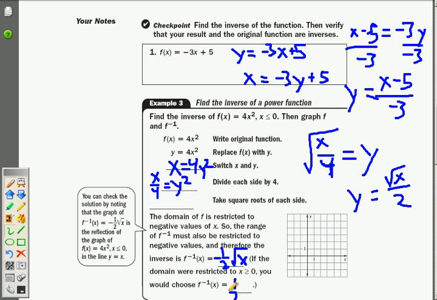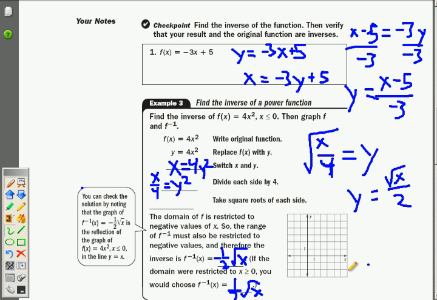Now let me explain that for a minute. I don't know if I did a great job explaining that the first time around. When I squared both sides, we had the positive and the negative x that we could have used. But in our scenario here, the only values that could possibly work for us and pass the vertical line test are the negative values.